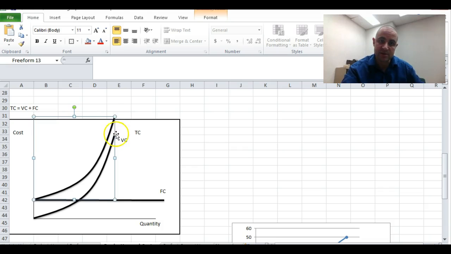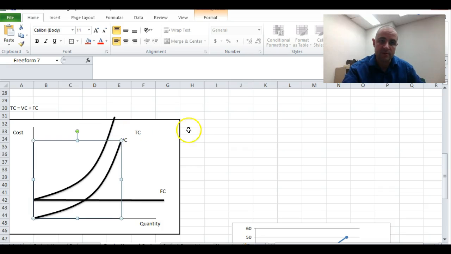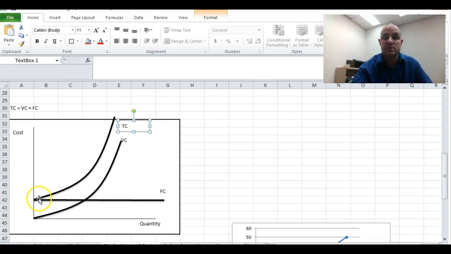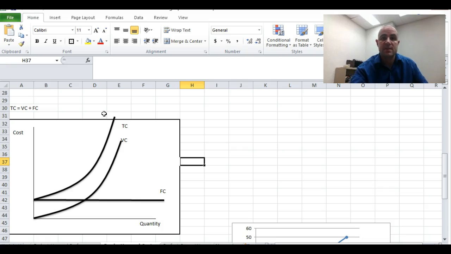Maybe I drew this a little bit wrong. So that's going to be your total cost. Your total cost is going to equal your fixed cost when you don't produce anything, when quantity is 0. But then it's going to increase at the same rate as your variable cost.